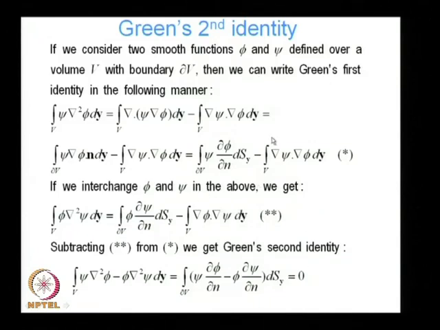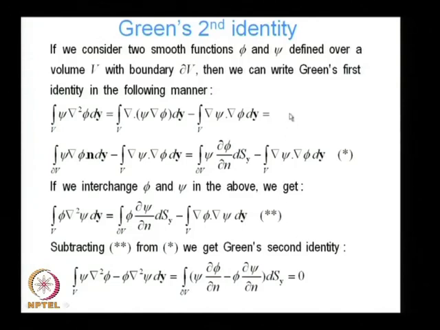To get Green's second identity, we interchange phi and psi. Now we have phi Laplacian of psi dV equal to phi del psi del n minus grad phi grad psi dV. All we have done is interchange phi and psi in that expression, and then we subtract this from this.